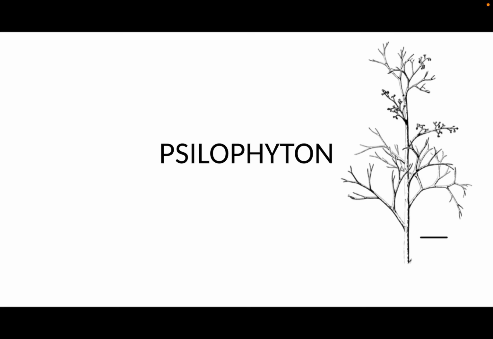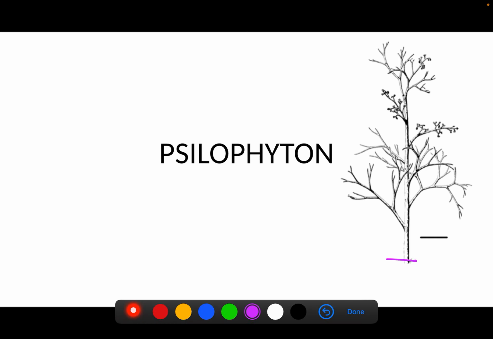Last class, we had discussed Rhynia, the simplest fossil plant. Today, we will be seeing another fossil plant, Psilophyton, which occupies a crucial evolutionary position among early vascular plants, showing progressive features in branching. If you see the diagram over here, you will see that the branching has become much more complex.